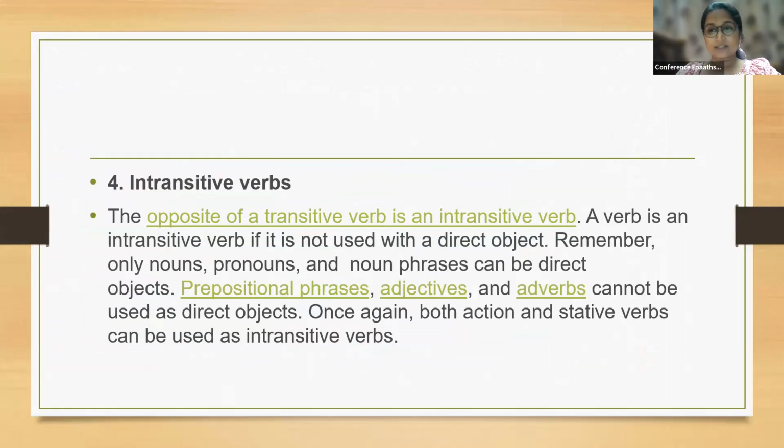Now, intransitive verbs. What are intransitive verbs? I think you can easily guess. The verbs which don't have any object are intransitive verbs. A verb is an intransitive verb if it is not used with a direct object. Remember, only nouns, pronouns, and noun phrases can be direct objects. Prepositional phrases, adjectives, and adverbs cannot be used as direct objects.